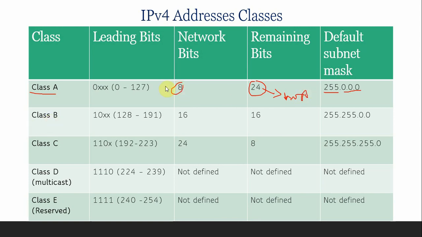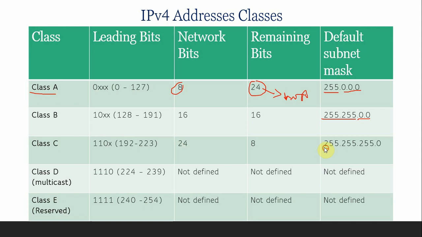When it comes to class B, two of the octets are taken, all the bits within these two octets are turned on, and then the remaining bits, which we call the host bits, are turned off. So 16, 16. How many network bits do we have under class C?